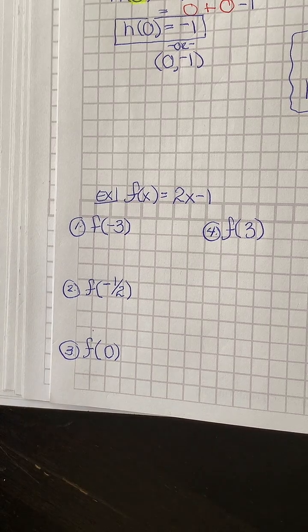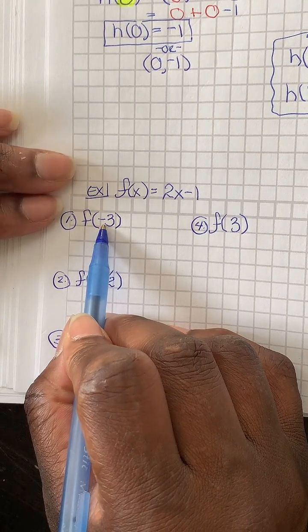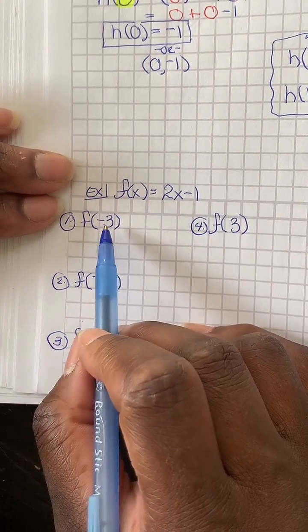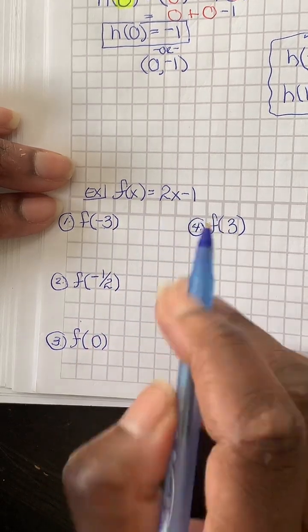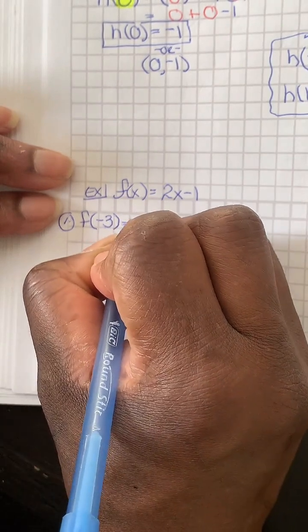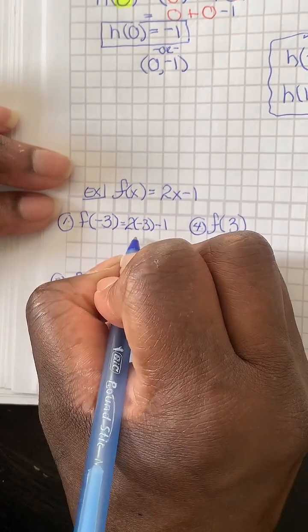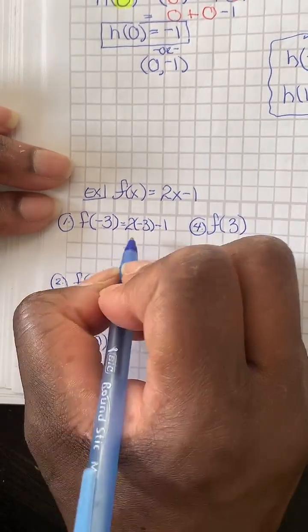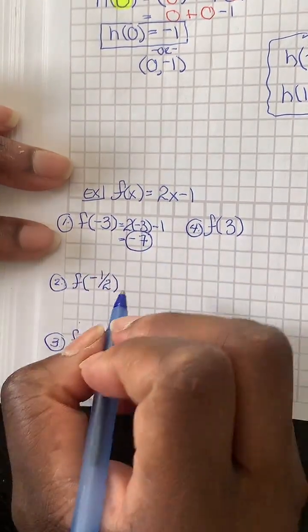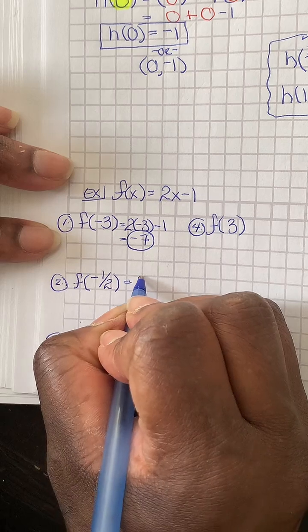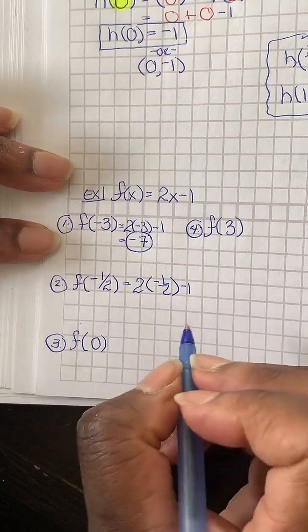All right, so this is what's happened. You plugged in the -3. Not a problem. So -3 goes in for the x. That means we have 2 times -3 minus 1, which gives us -6 minus 1, so our answer is -7. Here we got our 1/2, so 2 times -1/2 minus 1.